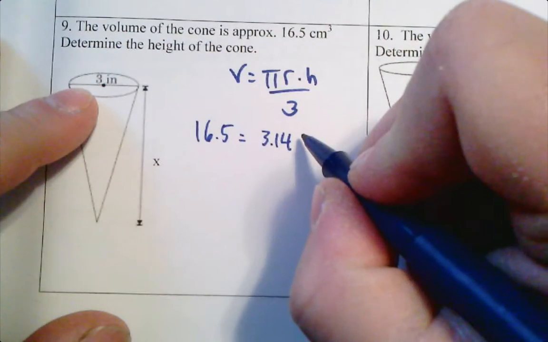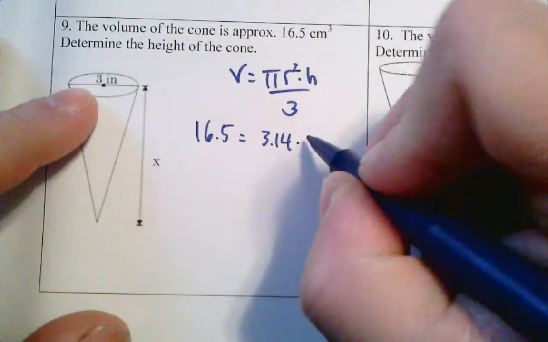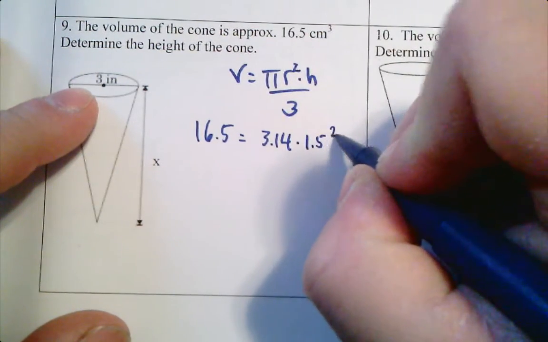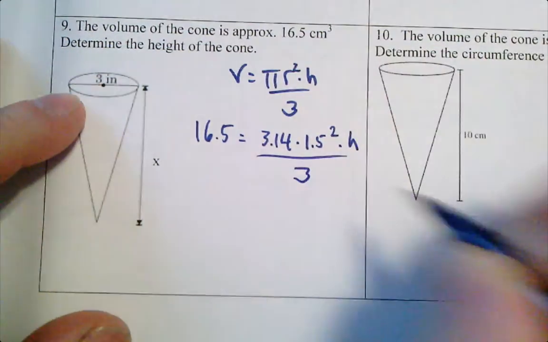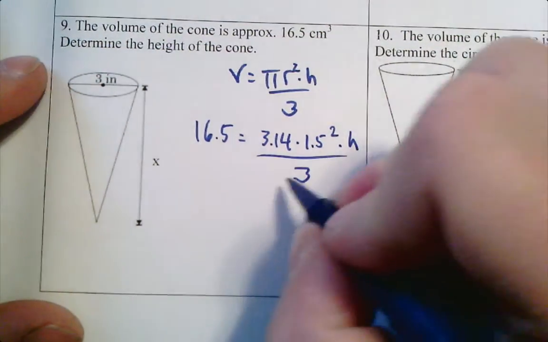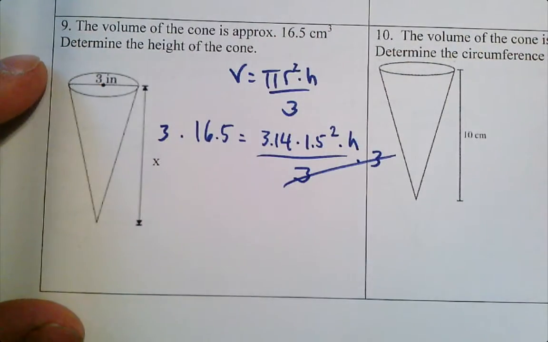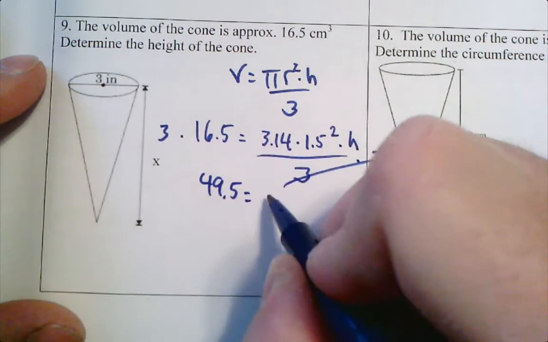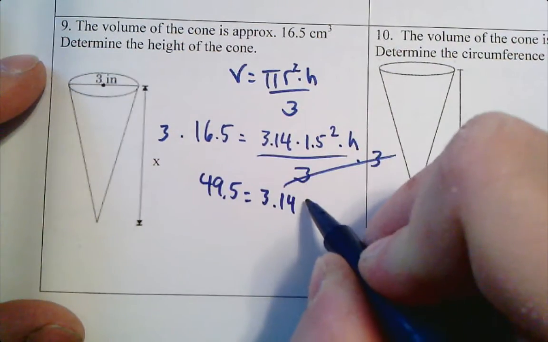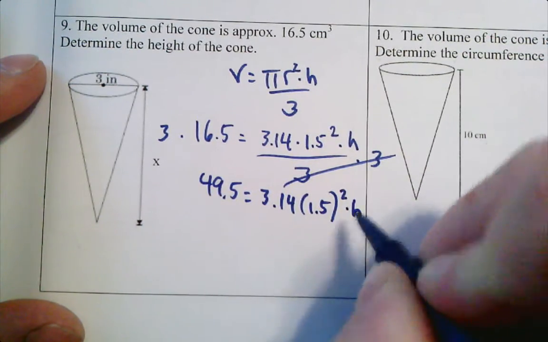I'm actually going to write radius squared, 1.5 squared, times the height we don't know, all divided by 3. First thing I gotta do is clear that fraction, multiply this side by 3, this side by 3. So 16.5 times 3 is 49.5, equals 3.14, the 1.5 squared, and then the height out here.